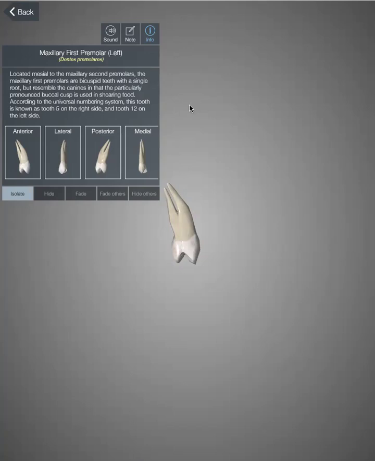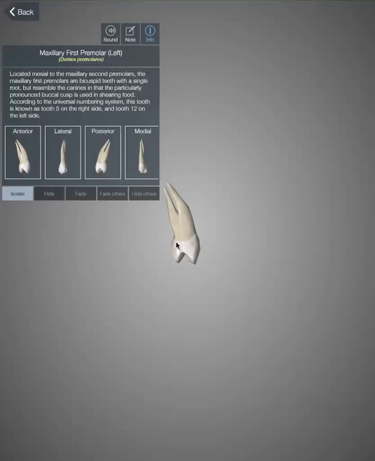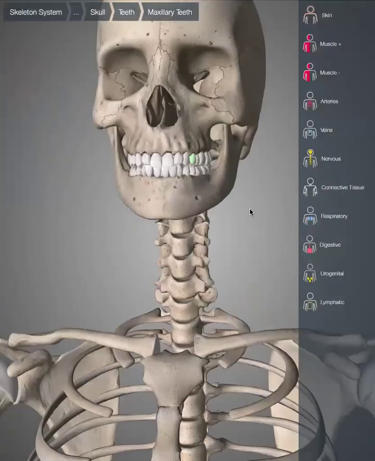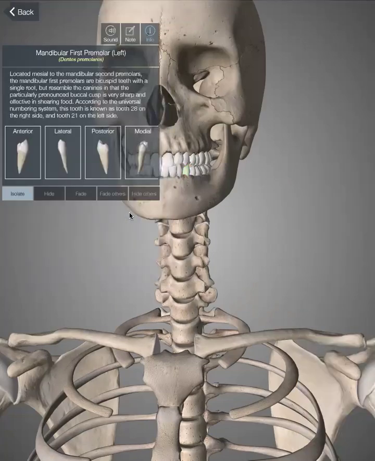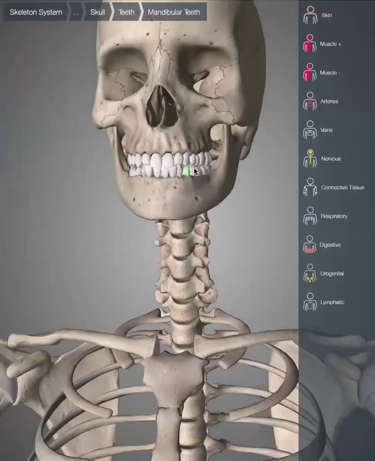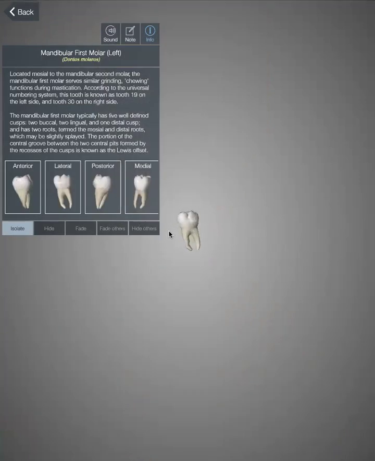Now, the structure of the inner tooth. Let me select this one and isolate it.